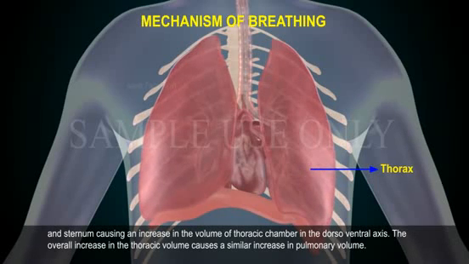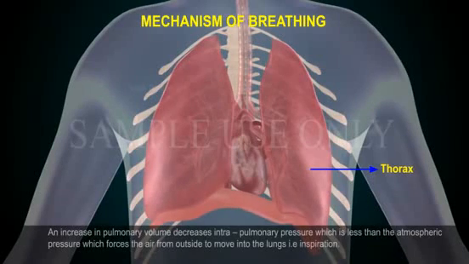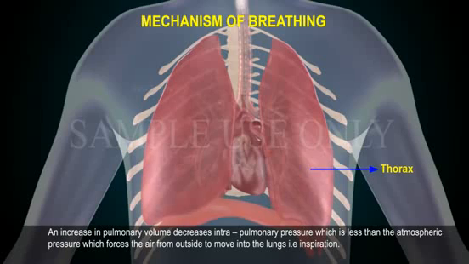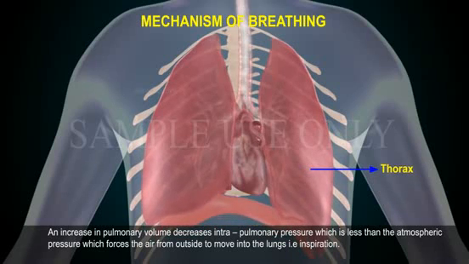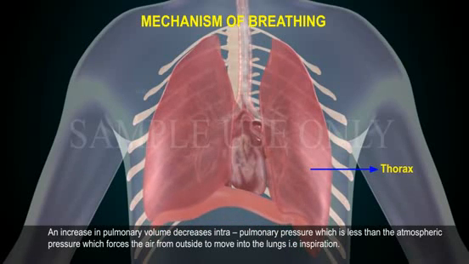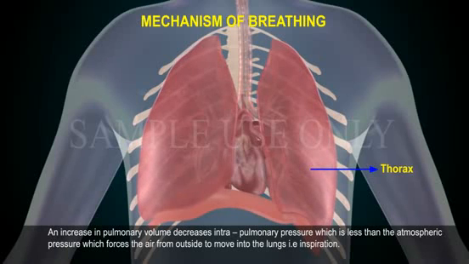The overall increase in the thoracic volume causes a similar increase in pulmonary volume. An increase in pulmonary volume decreases intrapulmonary pressure, which is less than atmospheric pressure, which forces the air from outside to move into the lungs. That is, inspiration.